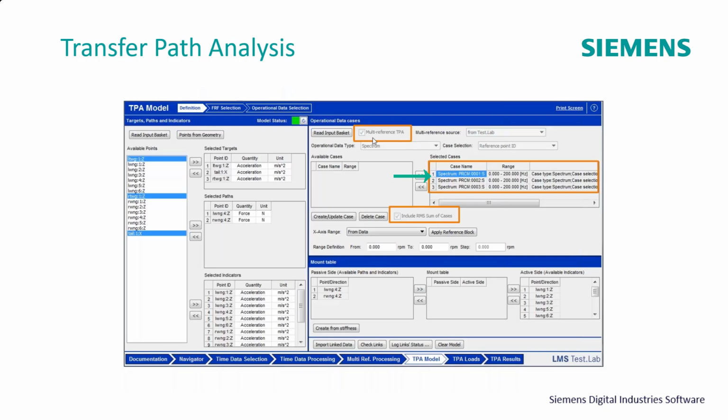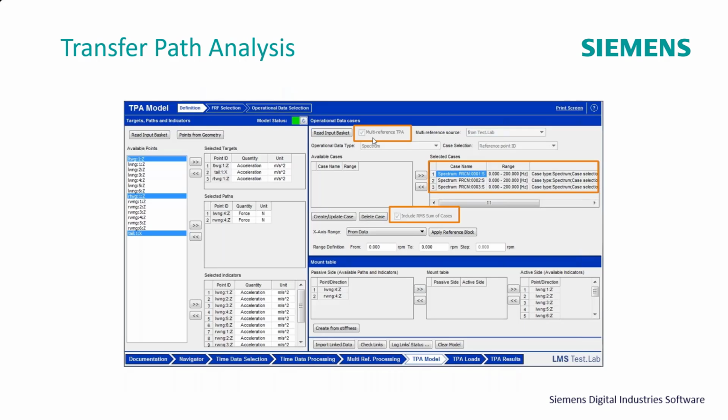Those are my virtual spectra from my 3 separate principal components. It's also turned on RMS sum, and it won't let you turn it off. So we always want to look at the contributions across your operational data cases in an RMS manner. So it's going to turn that on automatically for you, and it won't let you turn that off.